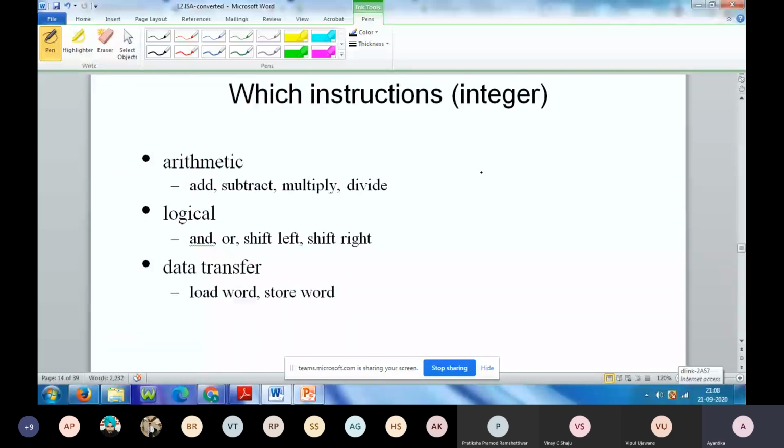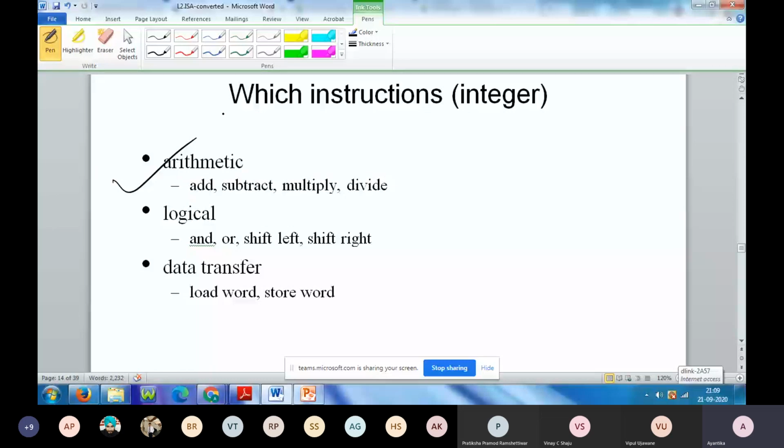Okay. Next, one quick discussion. What type of instructions are possible? Whoever has written C code or Java code already uses some operators, so from there you can get the idea what type of instructions are possible. Not all, but arithmetic operations, which you now know get supported by your backend hardware.